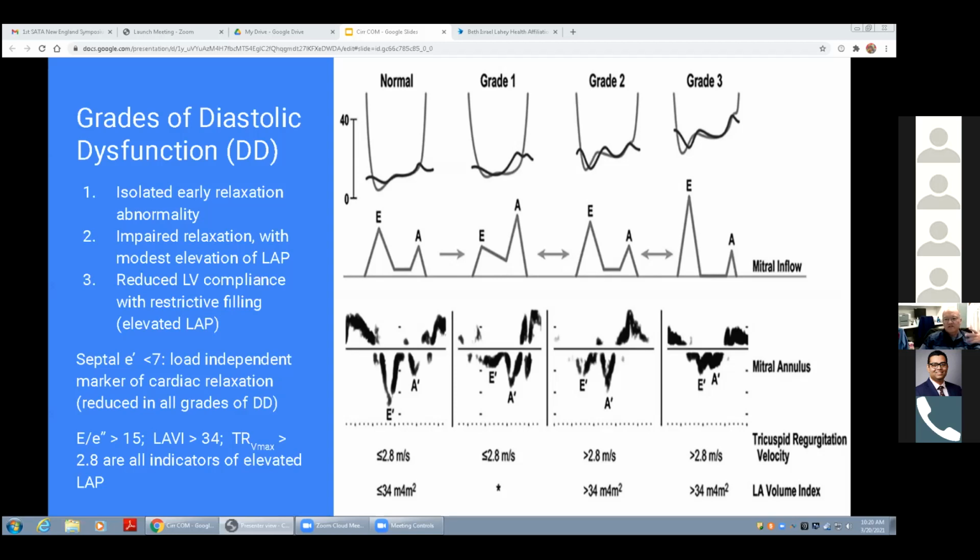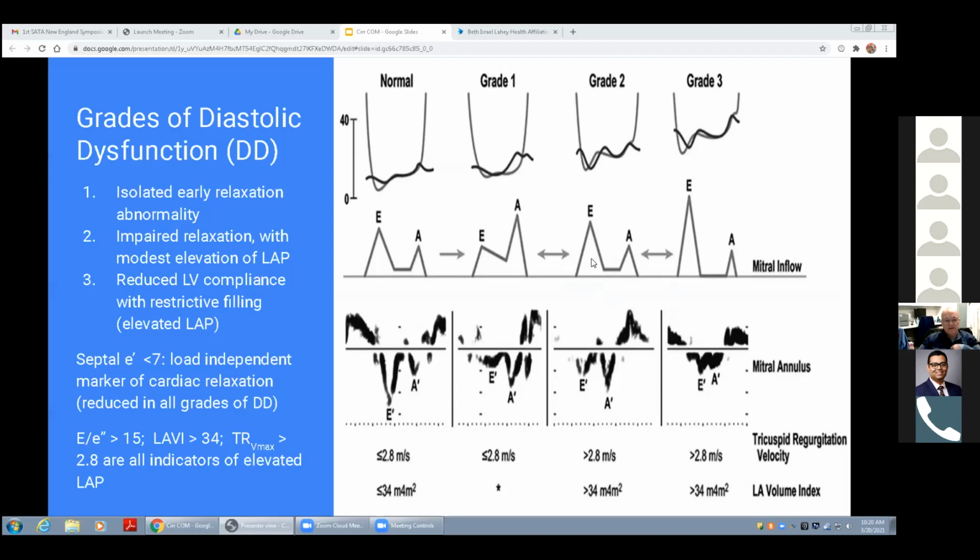As the ventricles get stiffer, less compliant, for a given end diastolic volume, the pressures increase. Initially the left ventricular end diastolic pressures increase. Those pressures are transmitted to the left atrium and pulmonary veins. As the left atrial pressure increases, the mitral inflow velocities will pseudo-normalize initially.